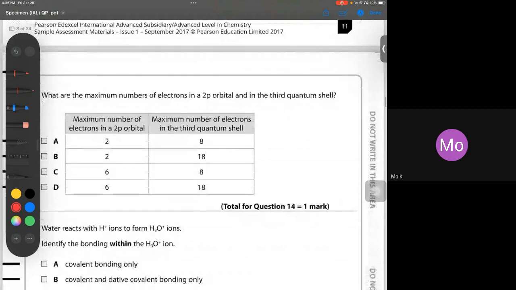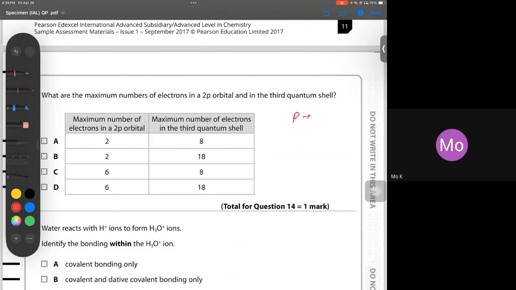What are the maximum numbers of electrons in a 2p orbital and in the third quantum shell? Remember, we have a p subshell.